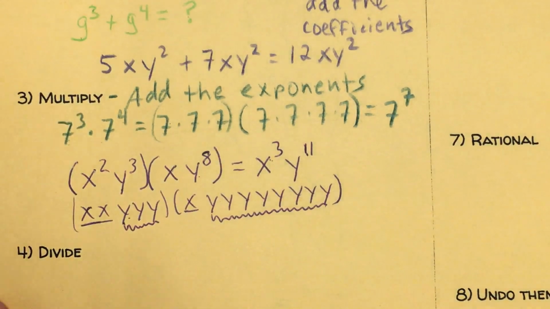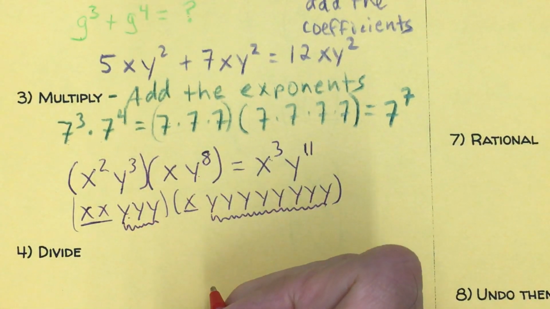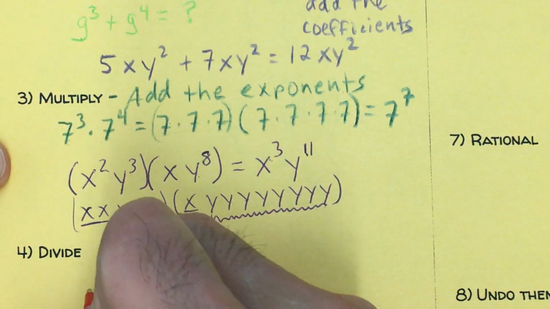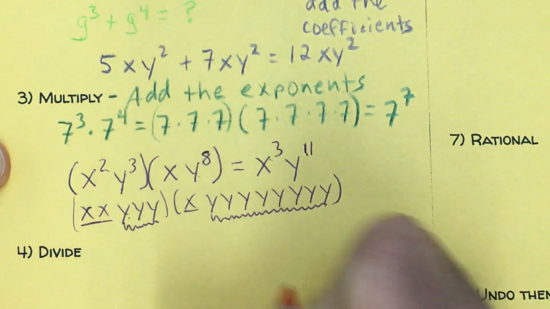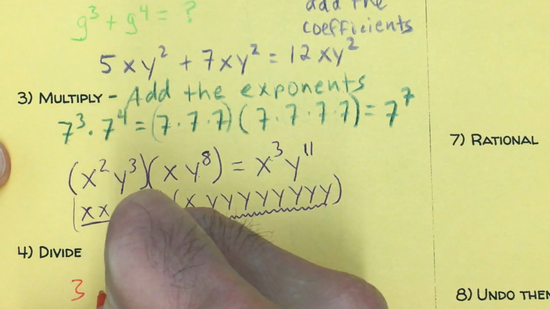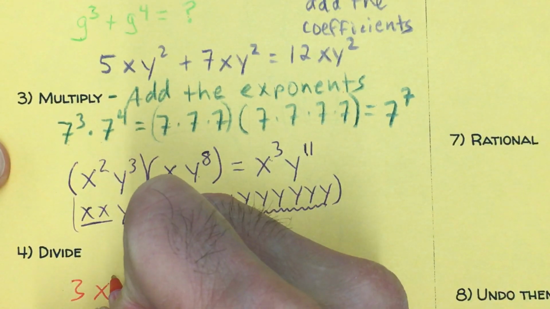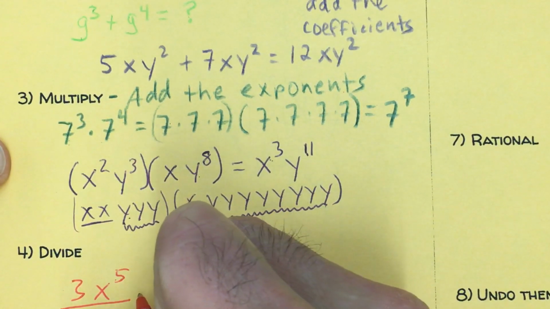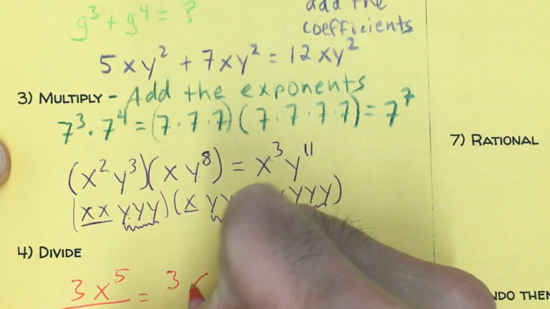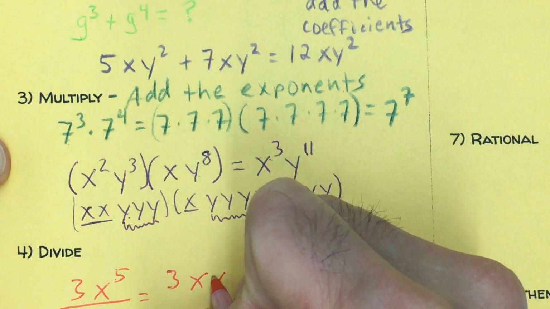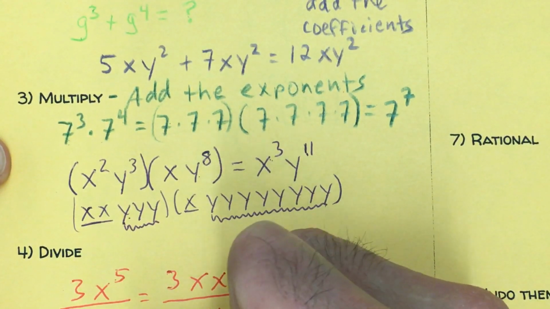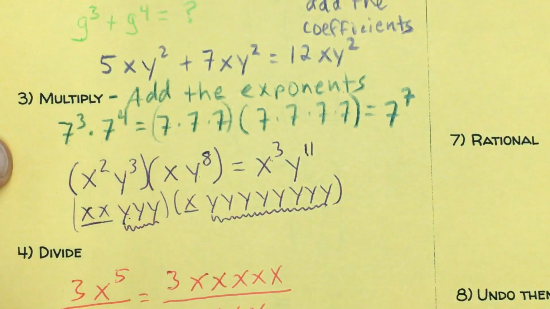So what happens when we divide? Well, if we add the exponents for multiplying, here's something you may remember from a long time ago. If I write 3x to the 5th over x to the 4th, this would be 3x, x, x, x, x, over x, x, x, x.